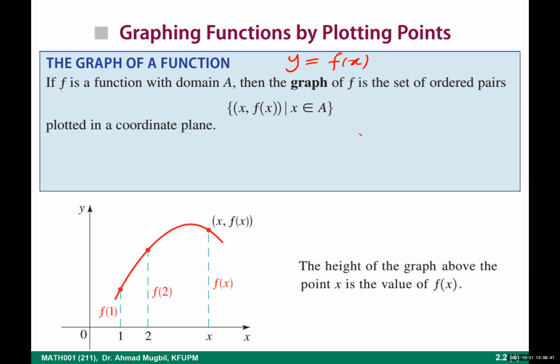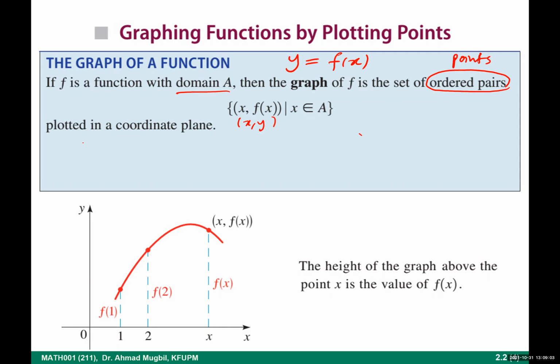Now, if f is a function with domain A, then the graph of f is the set of ordered pairs. What are ordered pairs? Points in the coordinate plane. The ordered pairs x and f of x, so it is x and y, where x is in the domain, plotted in the coordinate plane.